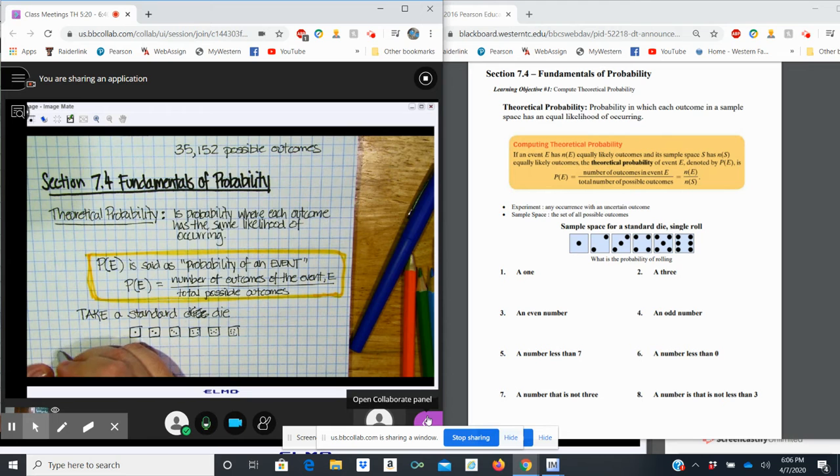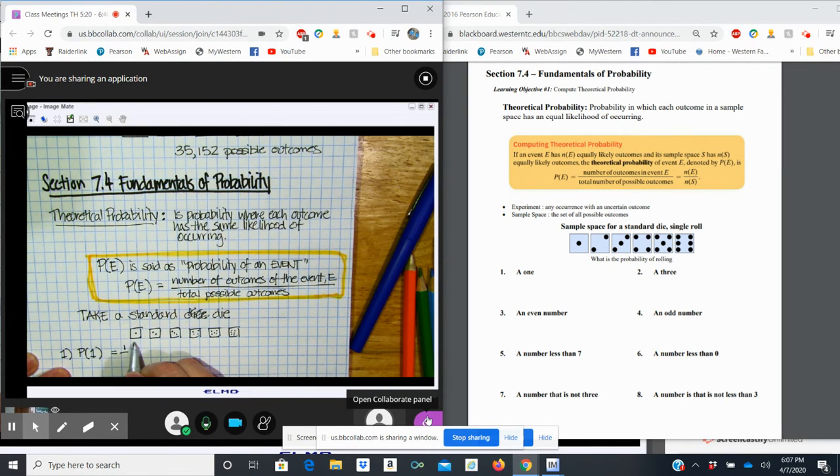What is the probability of rolling a 1? Of the outcomes, only one of those is a 1 compared to the total number of 6 outcomes.